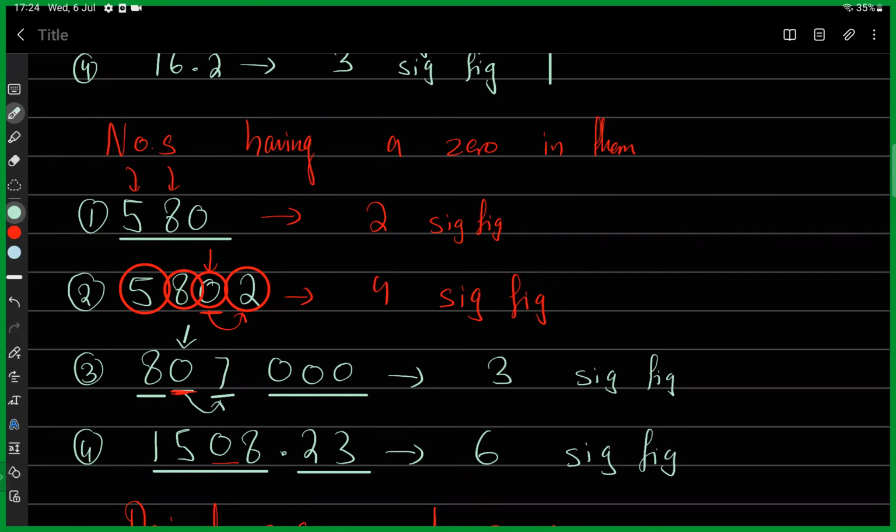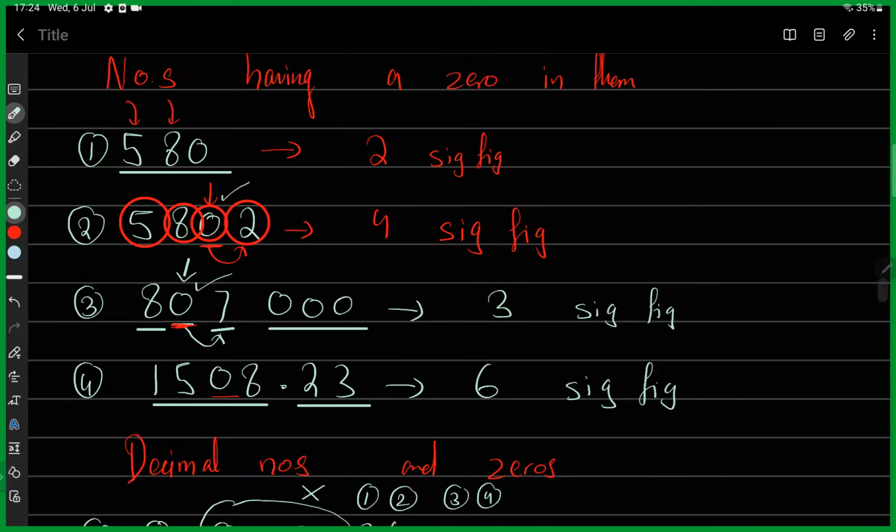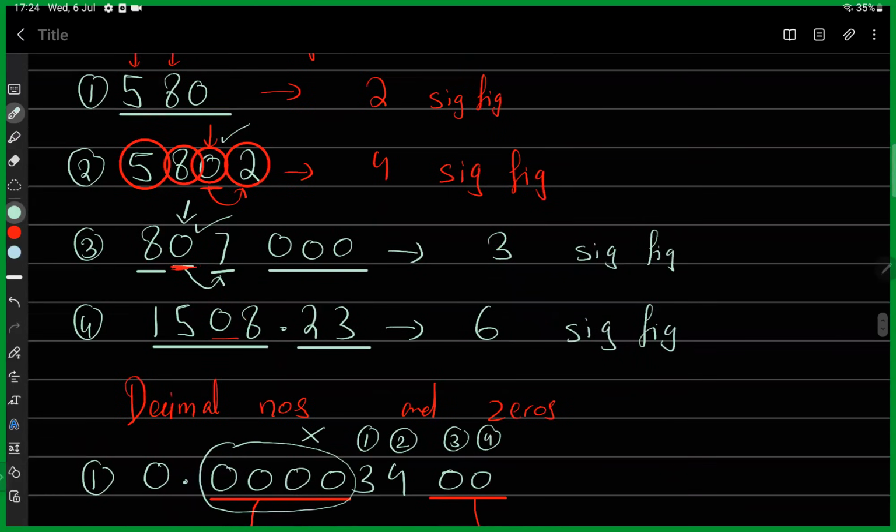For example, this zero was considered as a significant figure because we had a non-zero number before it and a non-zero number after it. This zero too, and this zero because we have a non-zero number before and after. But the situation changed with the third type of question.